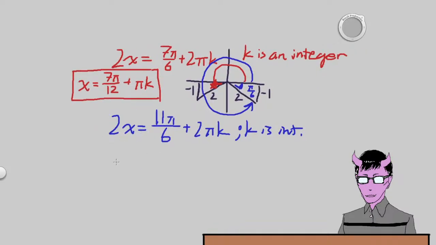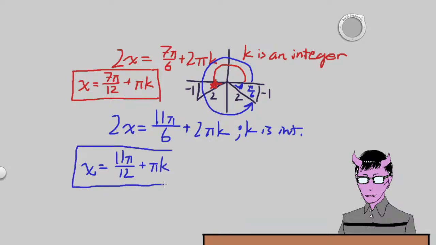We're solving for x using basic algebra, so divide both sides by 2. I should circle the whole thing. So divide by 2 means you multiply half to the entire fraction, so we get 11 over 6, I mean, 6 times 2, which is 12. So 11 pi over 12, and then this one, divide by 2 as well. All terms.